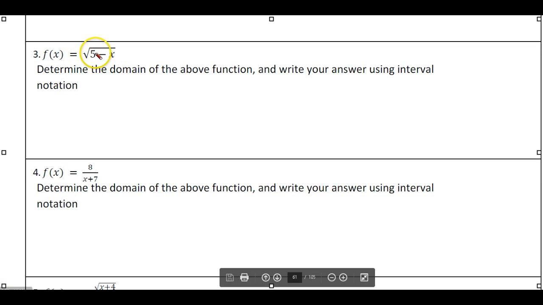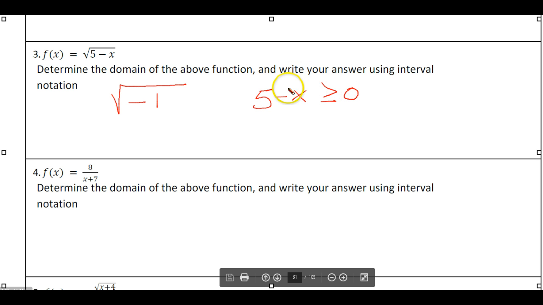Now in example 3, we start to see there's going to be a restriction. For something under the radical sign, you can't have a value here that is a negative number. These are not real numbers. So the lowest value you can have for this under the radical sign, the radicand, is 0: 5 minus x has to be greater than or equal to 0.